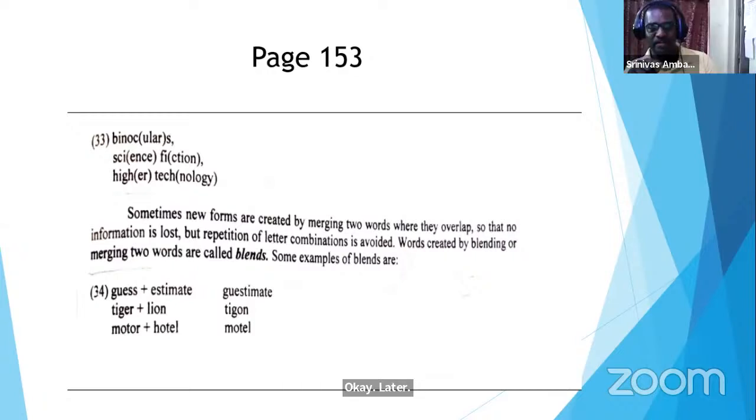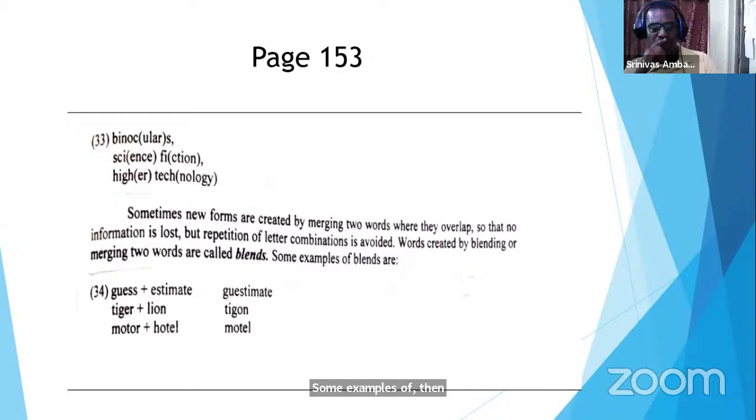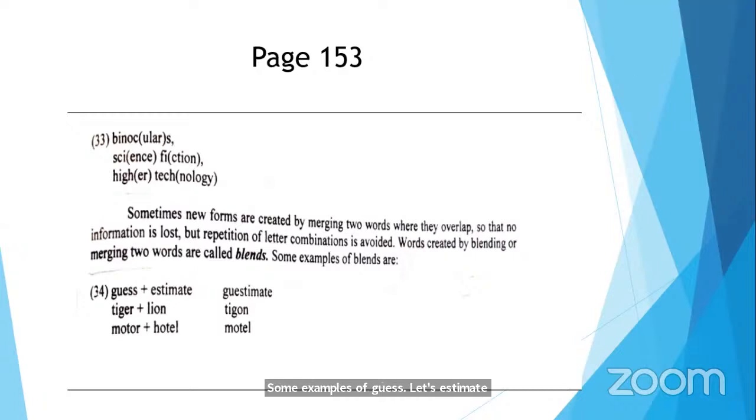Now, next definition. Last line you read. Words created by blending or merging two words are called blends. Some examples of blends are guess plus estimate, guesstimate; tiger plus lion, tigon.